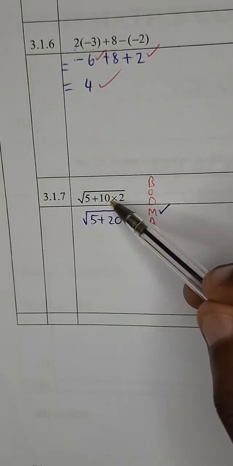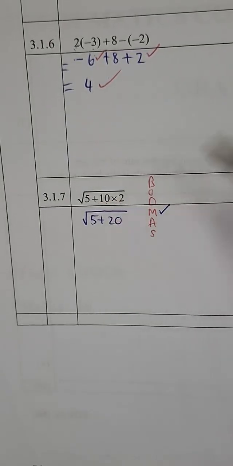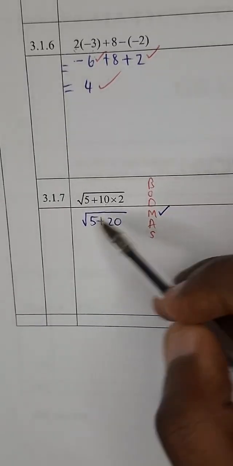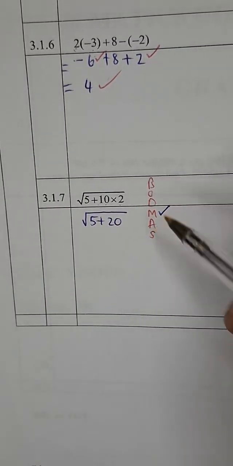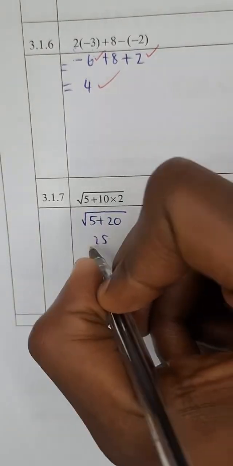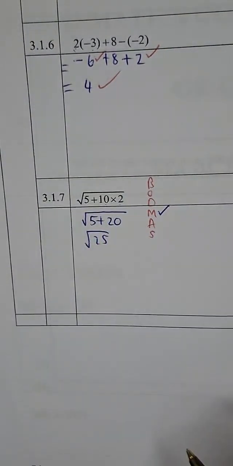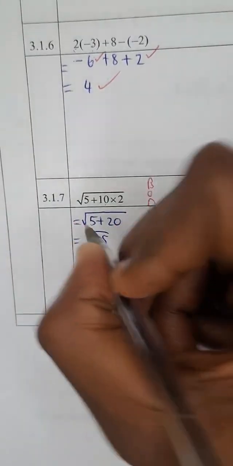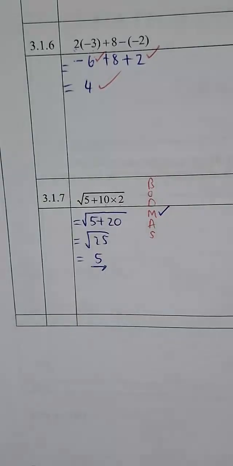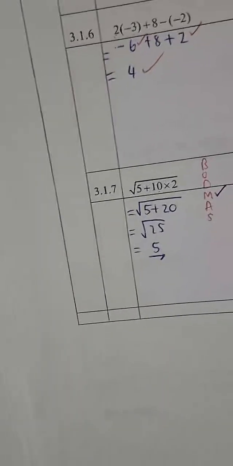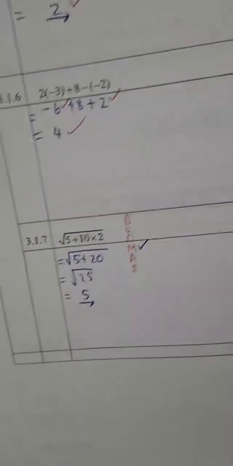Take care of the multiplication. 10 times 2 is 20. Then what's 20 plus 5? Because addition comes after multiplication, not the other way around. 25. Are you hearing me, guys? Then what's the square root of 25?